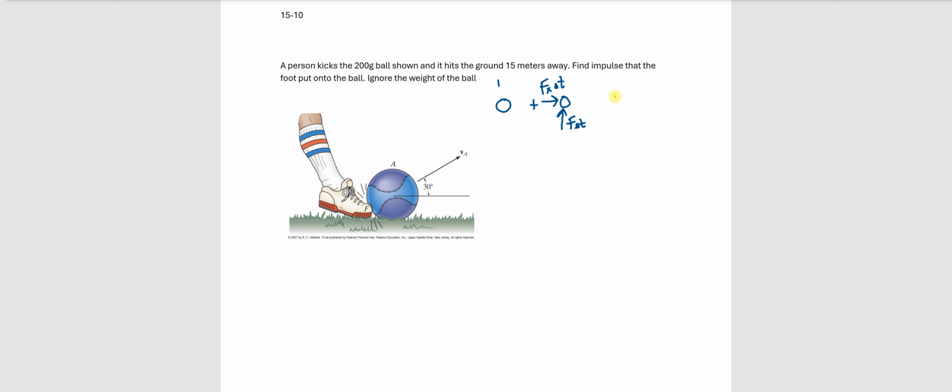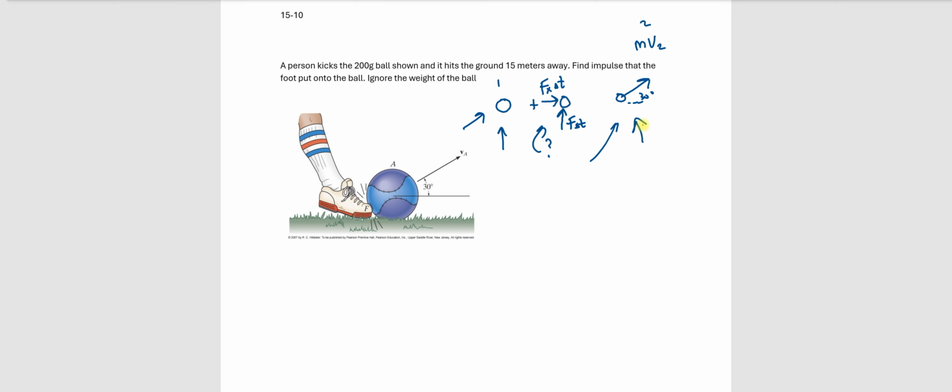And then in our picture 2 here, the ball has a momentum up and to the right, so we'll label that vector mv2 at an angle of 30 degrees. You might be wondering why this is not picture 2. Well, your impulse picture needs to include all impulses between our initial and final state.